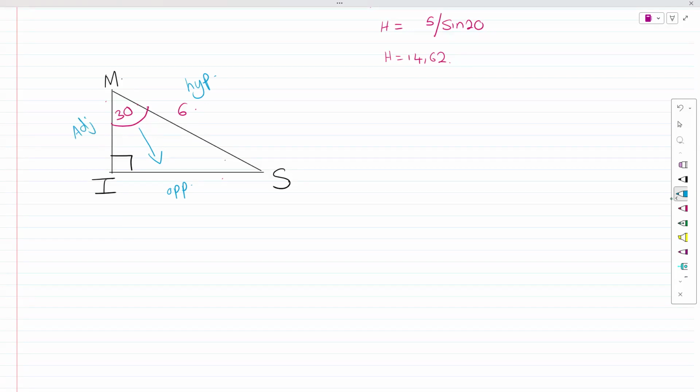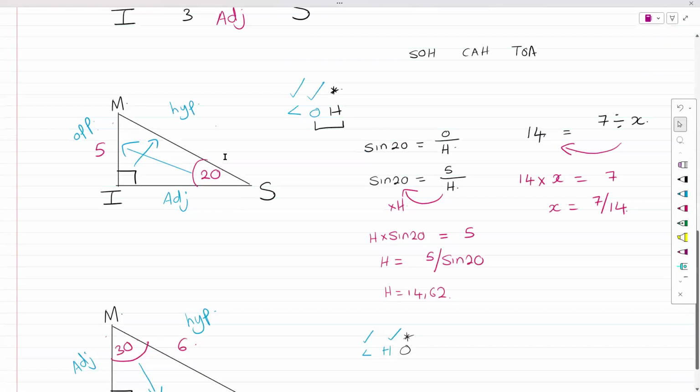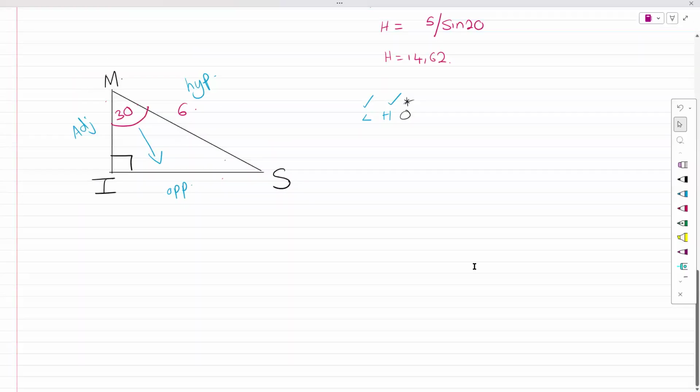Now, what do we have? We have an angle and we have the hypotenuse. What do you want to calculate? I want to do opposite. For Karuna, we stopped at one example because I'm just doing one to teach you guys, but generally, you would have to do both.